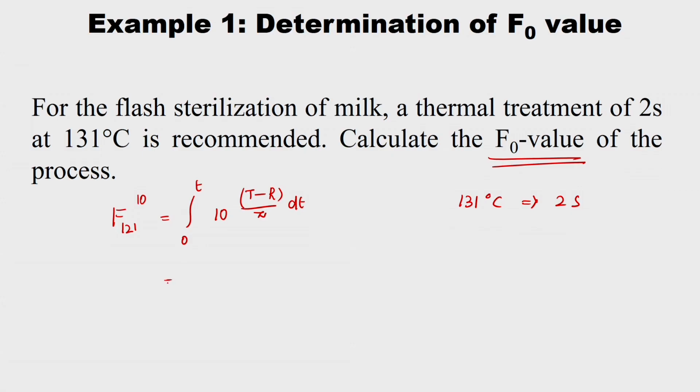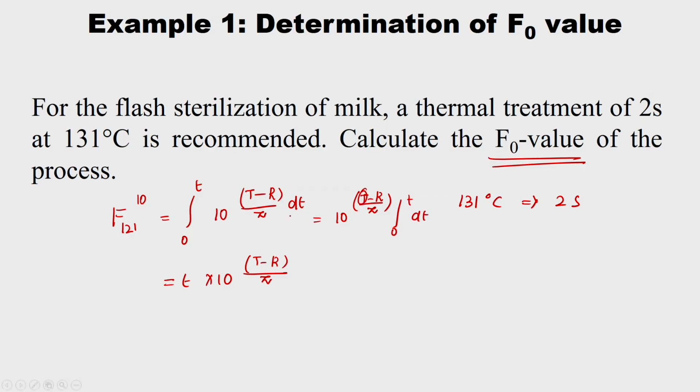This integral becomes t into 10 to the power of (T minus R) upon Z into dt, from 0 to t. Remember this t we have taken constant, right. So, that is why I have taken it out.